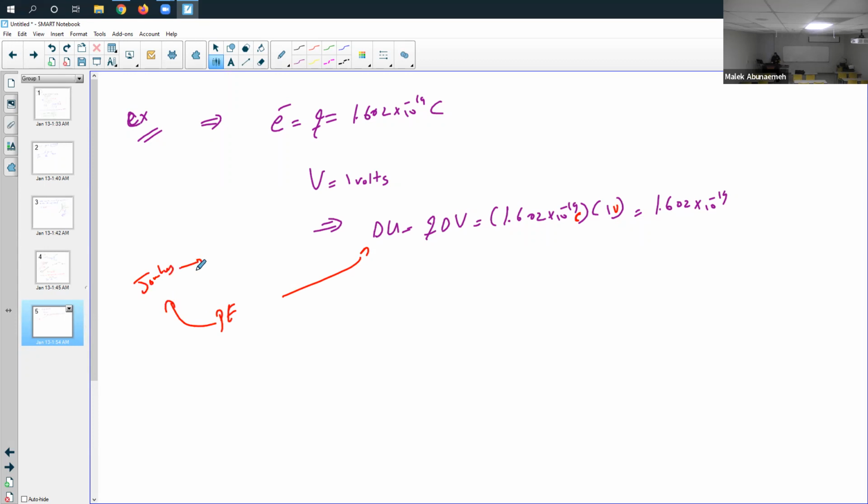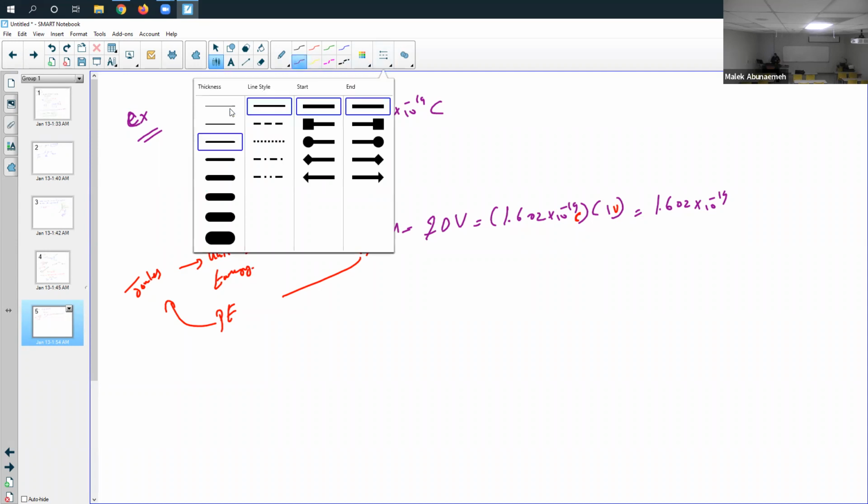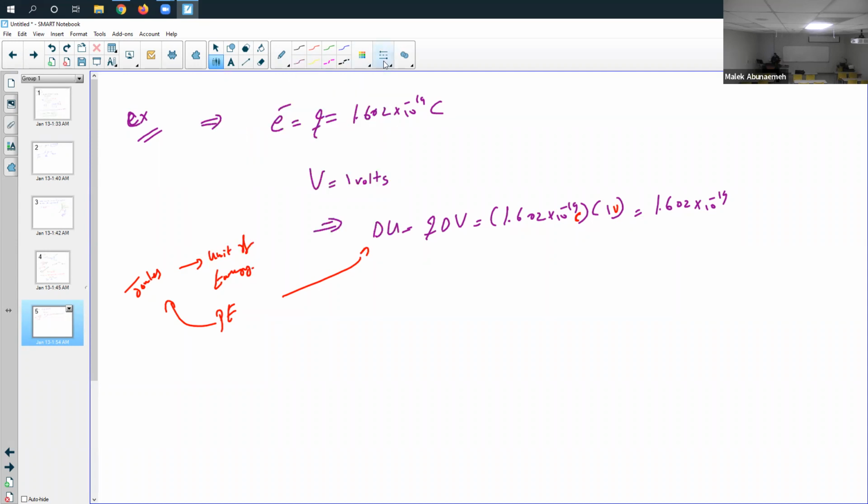Joules, which is the unit of energy. Because we're talking about potential energy, the unit has to be joules. So your charge times your voltage is going to get us joules. So it'd be 1.602 times 10 to the negative 19 joules.